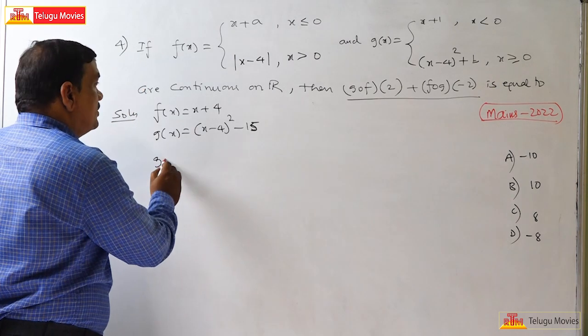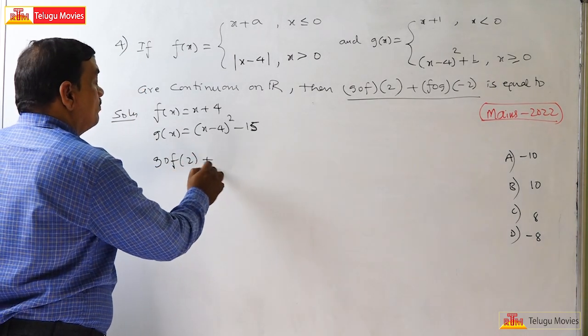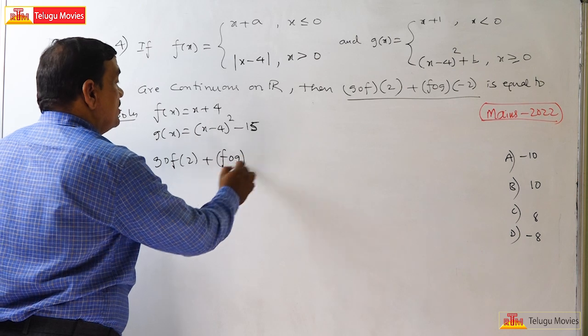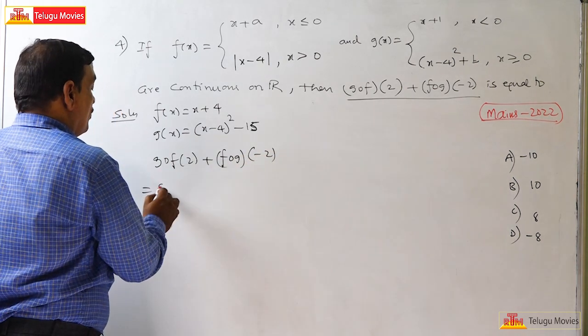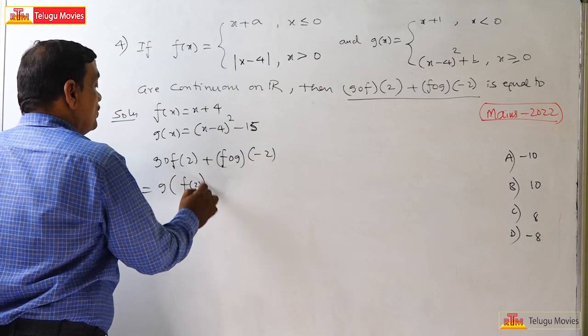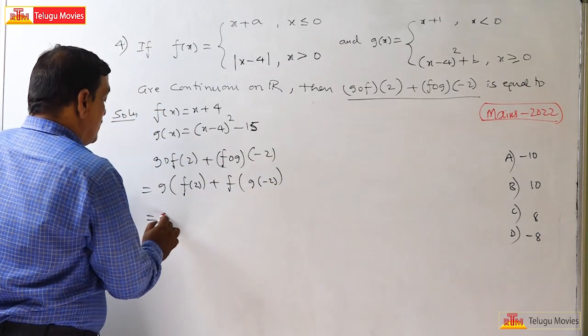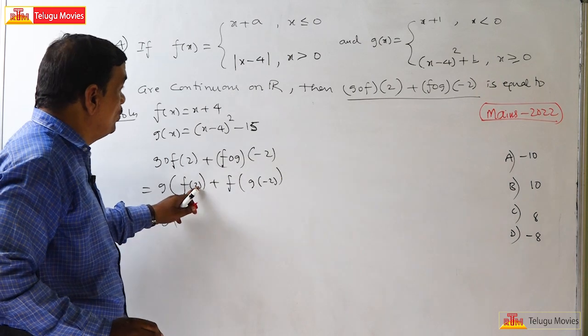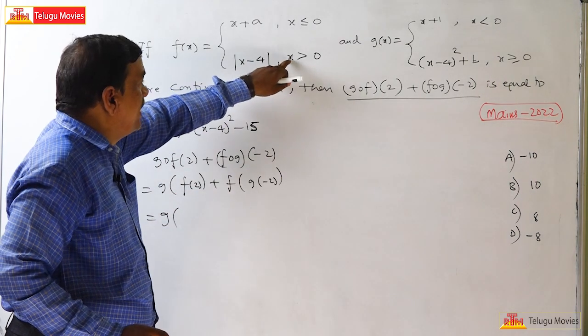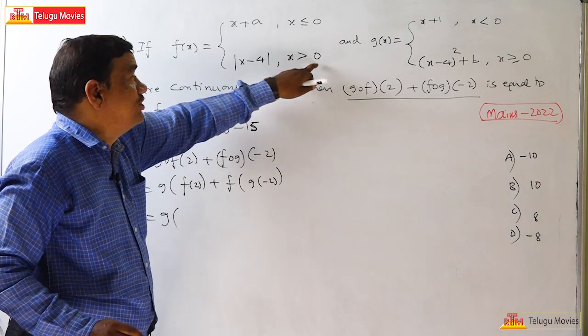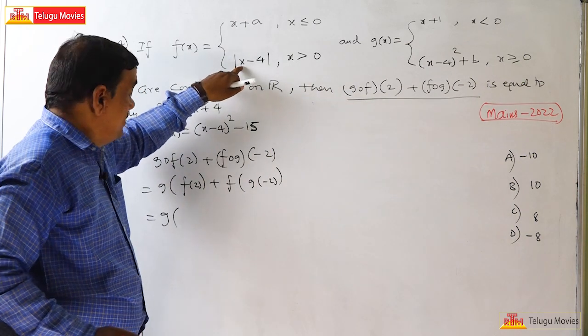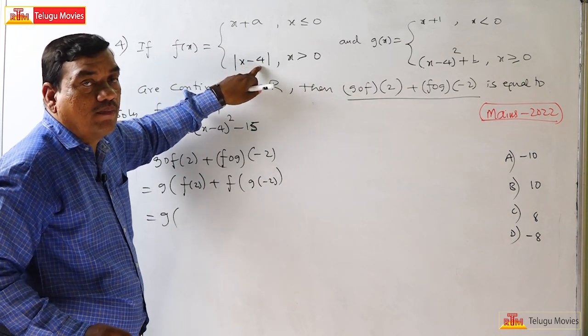g circle f of 2 plus f circle g of minus 2. Therefore, g of f of 2 plus f of g of minus 2. g of f of 2 means what? For x greater than or equal to 0, you have to substitute here. That means 2 minus 4, minus 2.